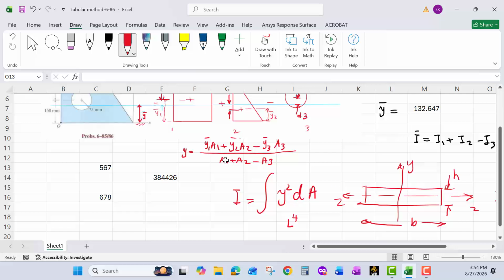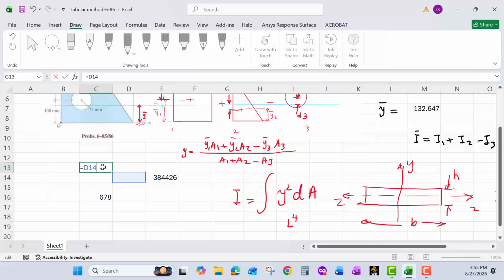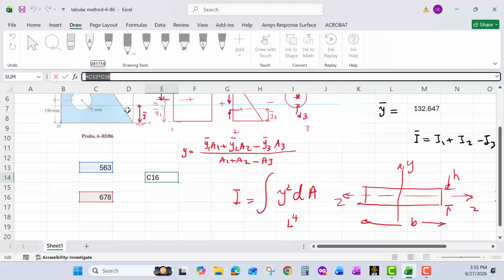To show you the idea, I put two numbers here, and for the formula I start with an equal sign. That is how you start a formula.